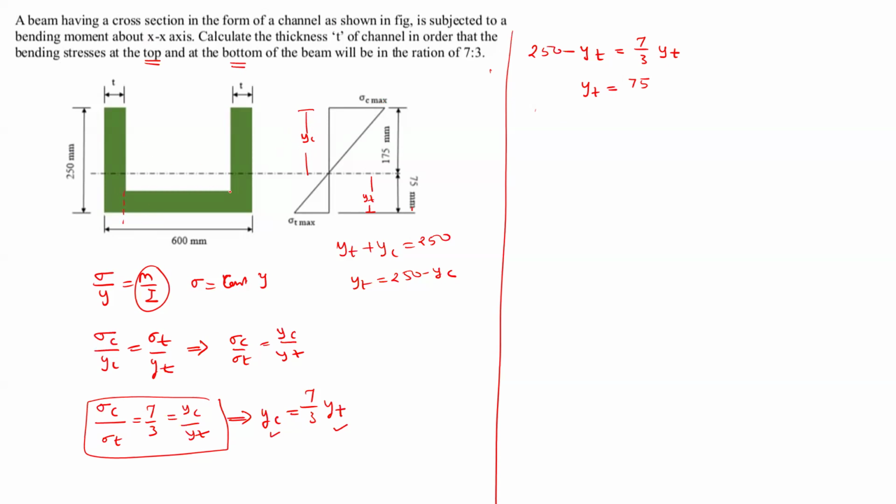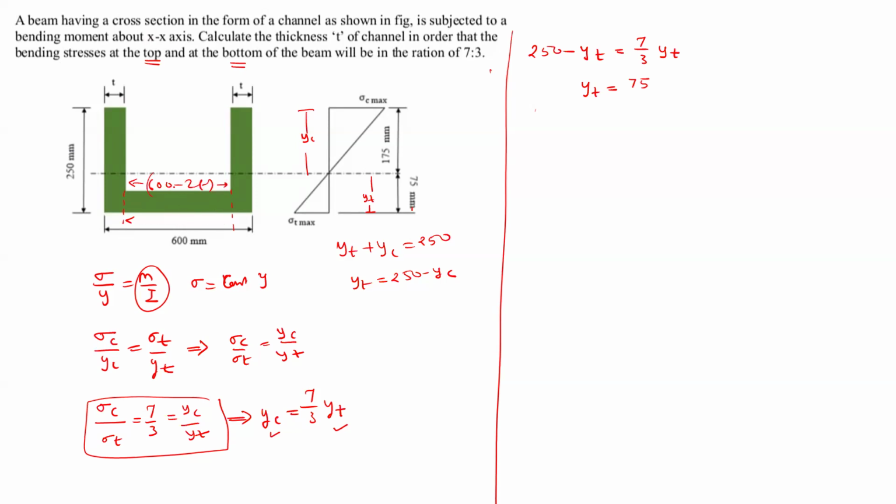If I split it like this, this is T, this is T, and how much will be this total? It will be 600 minus 2T, right? This distance. So let me put it here. This will be 600 minus 2T.